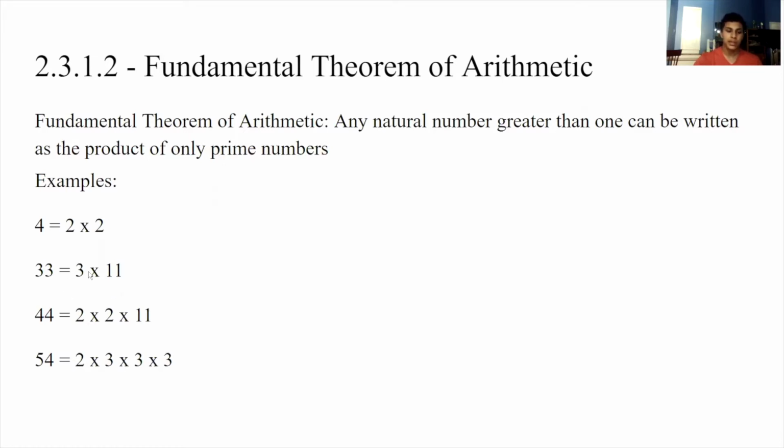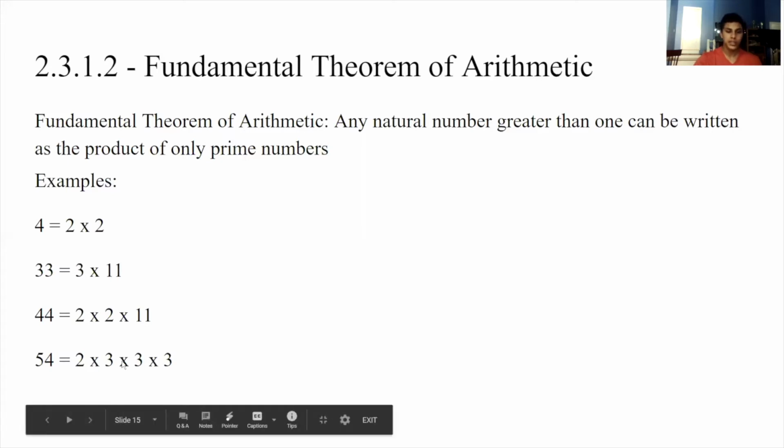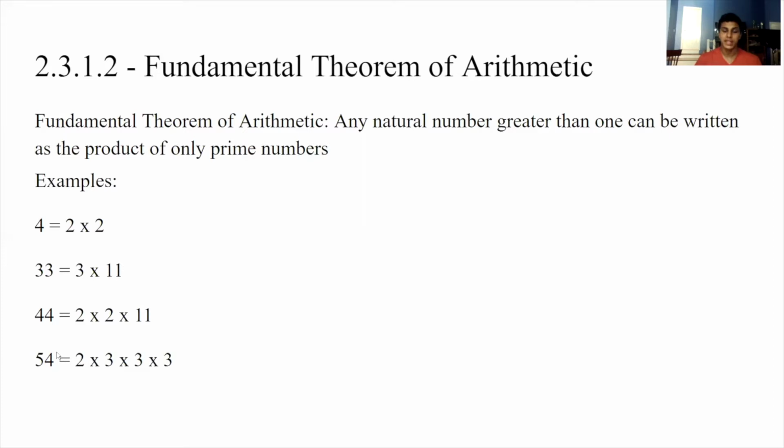And since 3 and 11 are both prime numbers, 33 can be written as the product of only prime numbers. And then the same applies to 44 and 54, where all of these numbers here, when multiplied, equal 44 and 54 respectively, and they're only prime numbers. So that's what the fundamental theorem of arithmetic states, and this applies to any natural number that's greater than 1.